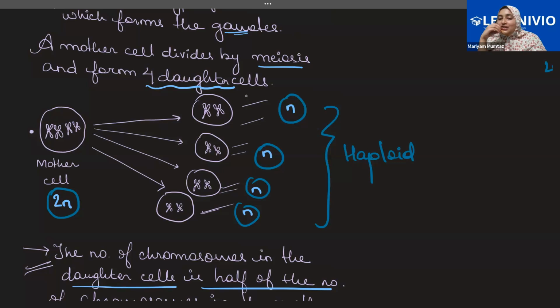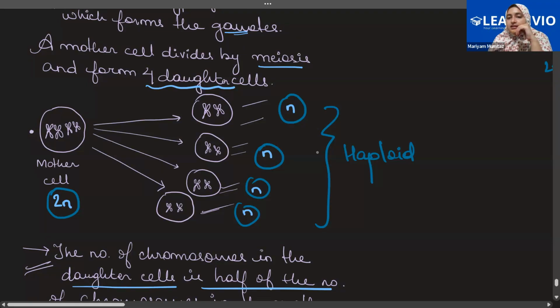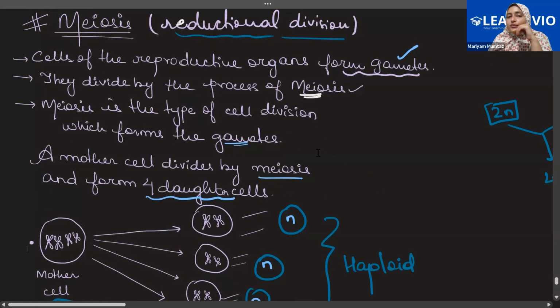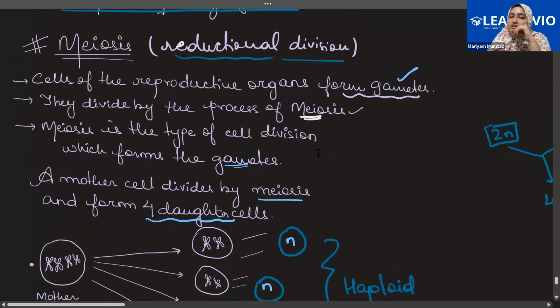The mother cell is 2N, but each of the daughter cells is N, meaning they have half the chromosomes of the mother cell, right? So this type of division wherein the daughter cells have half the number of chromosomes, we call meiosis or reductional division. Why? Because here the number of chromosomes gets reduced.